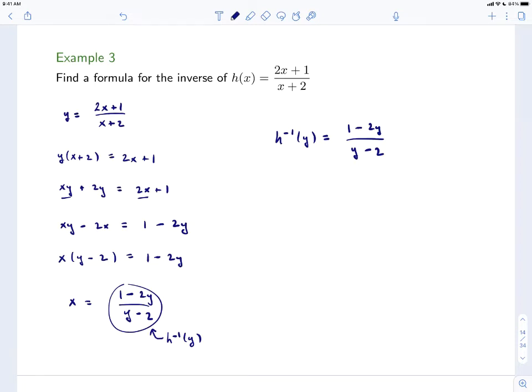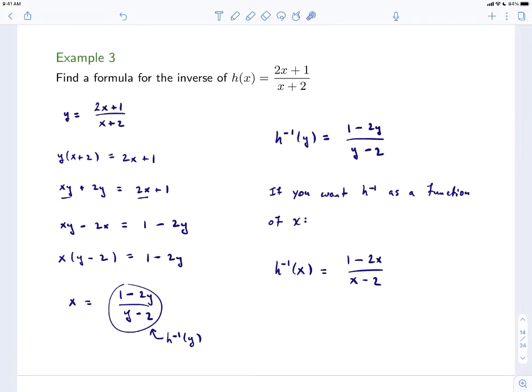And as usual, if you want h inverse as a function of x, you simply swap all of the y's out with x's. So h inverse of x is equal to 1 minus 2x divided by x minus 2.